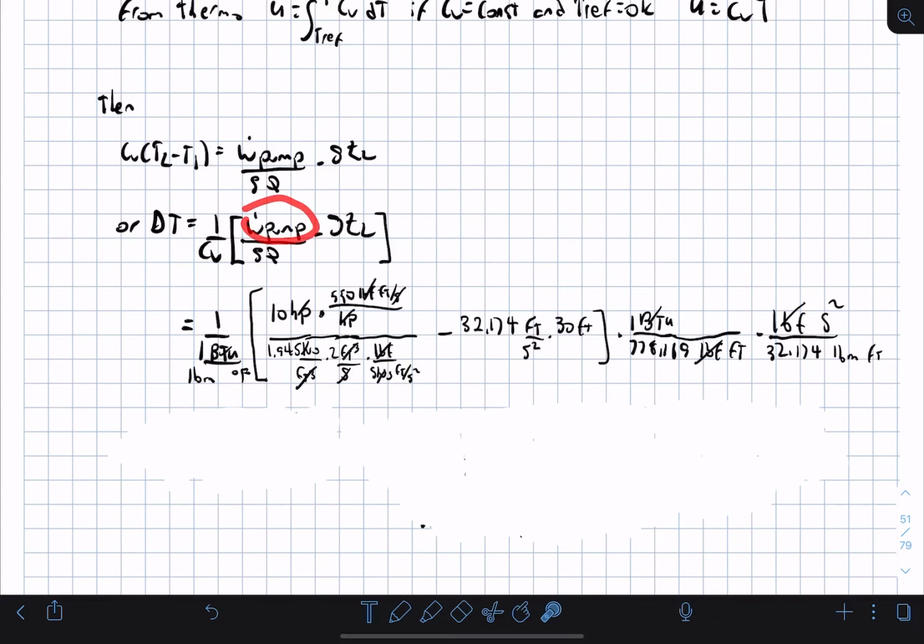For example, the pumping work is in horsepower, and this will wind up being feet squared per second squared. That's just the way the English system is, so you need to be very careful with your unit conversions. Do them in the equation, and you will avoid making silly mistakes.